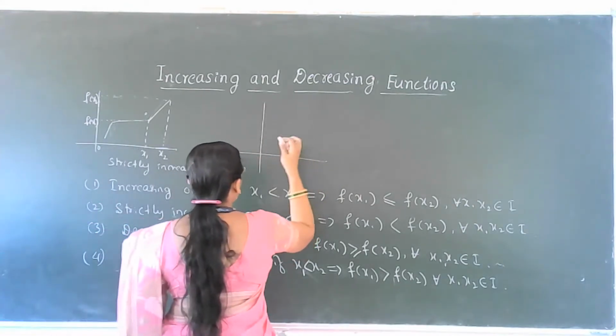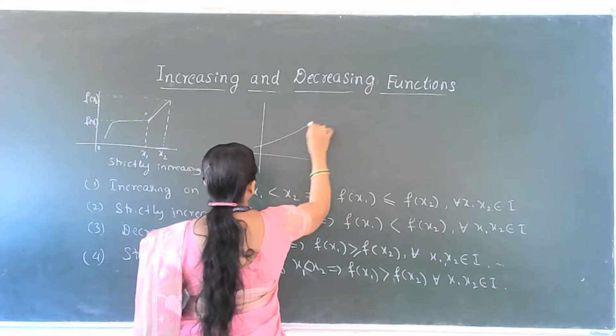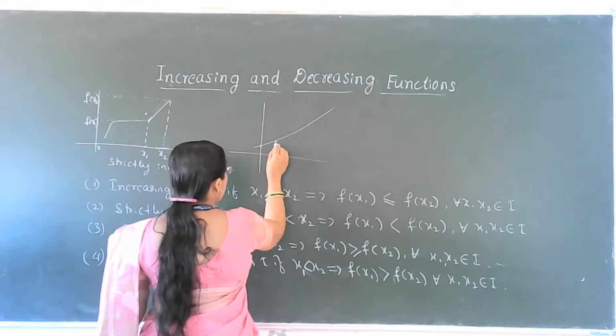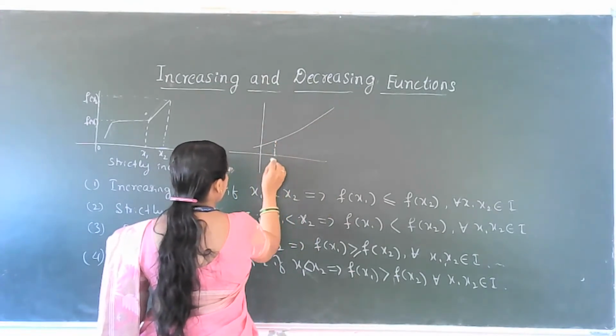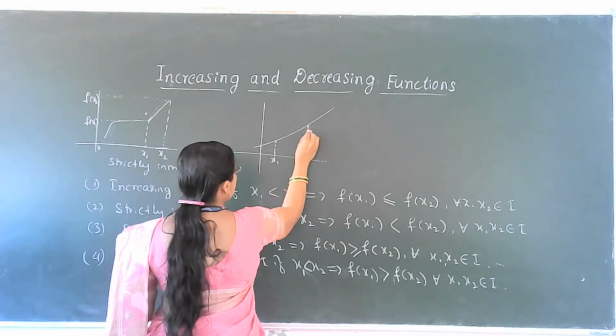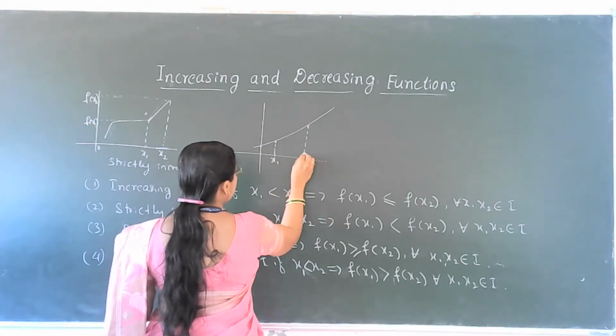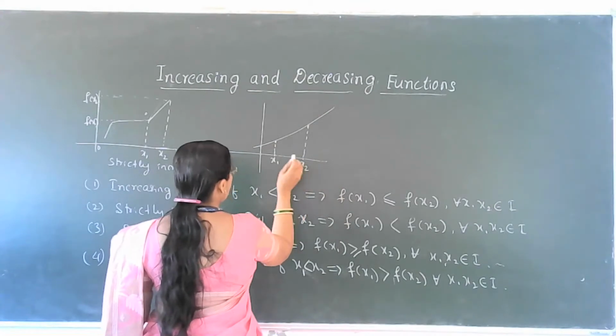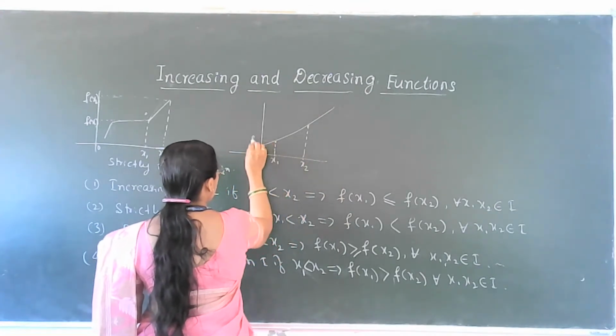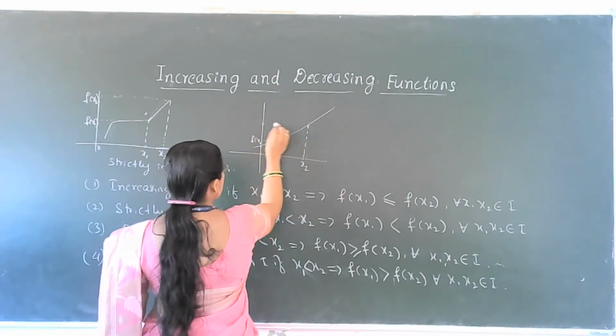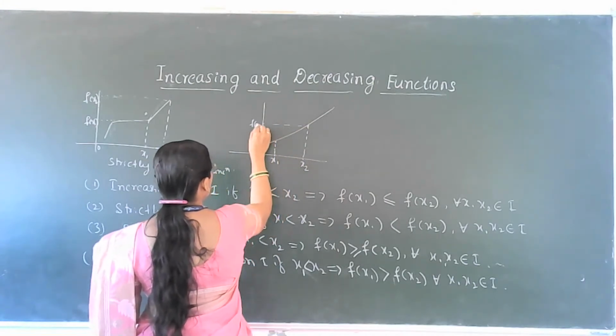Then I will take another graph here. Here x1 and x2, and f of x1 is also equal to f of x2.